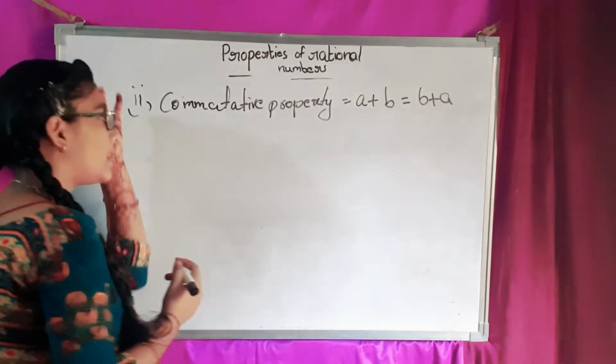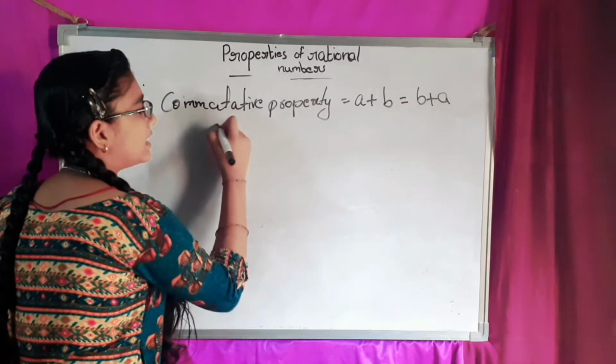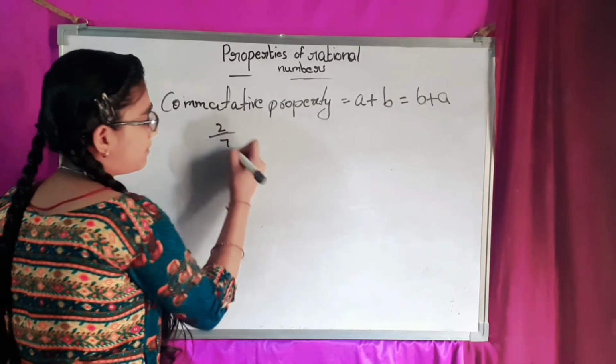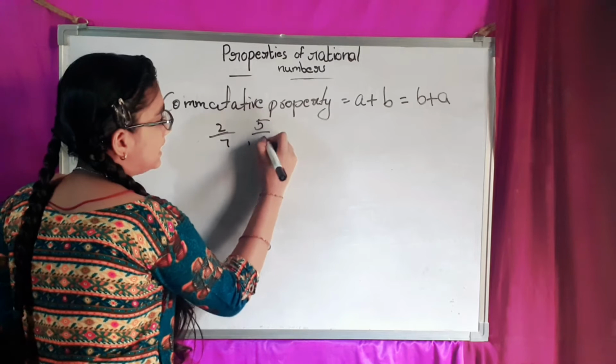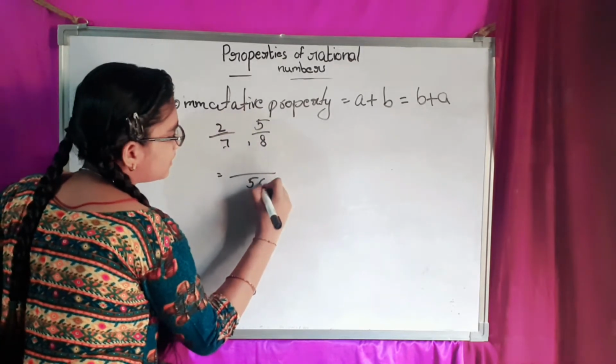Now we will check it. First we will do addition. We take the same numbers: 2 by 7 comma 5 by 8. LCM is 56.